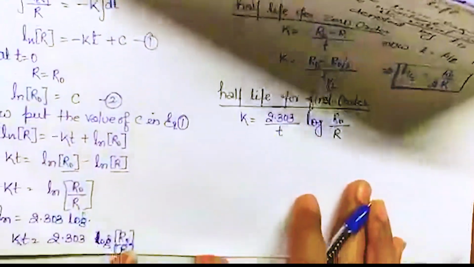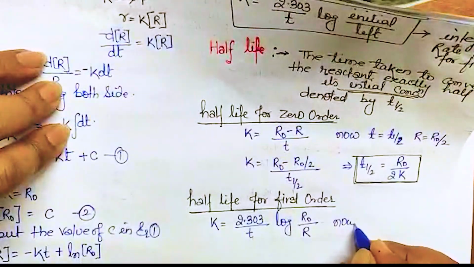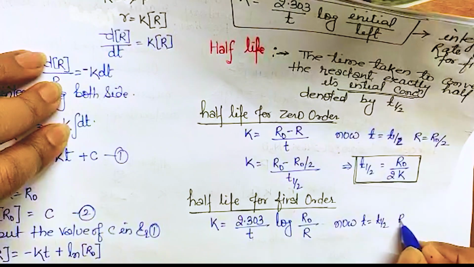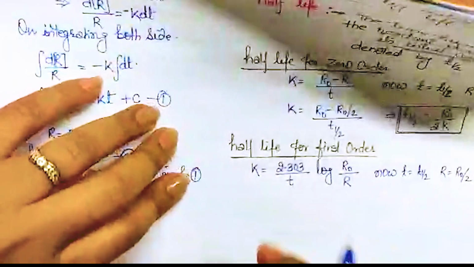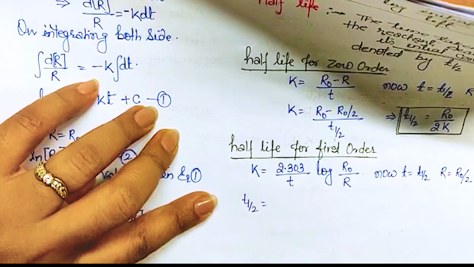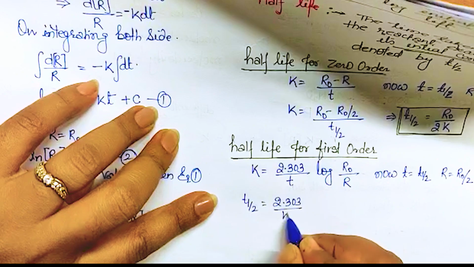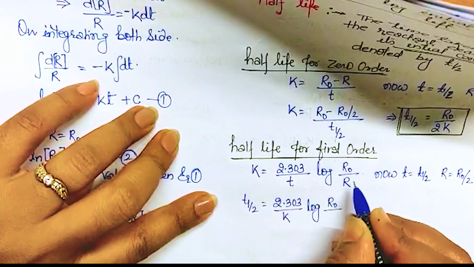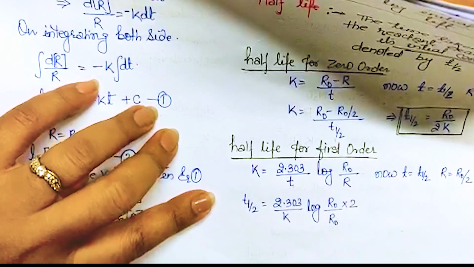Yes, we can check from this. Okay, so now if T is equal to T half, so obviously this R will be R naught upon 2. Now put the value. So T I'm putting as T half and taking it like this. Yes, so this will be 2.303 and this K will come over here. Log R naught, and instead of R what we will write? R naught upon 2. So this will go up, isn't it?